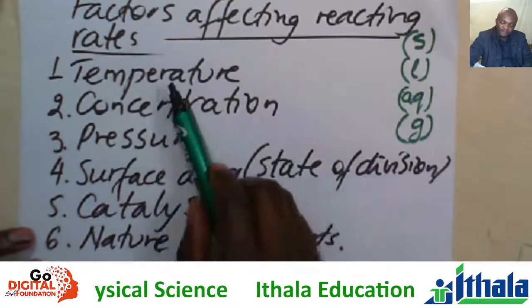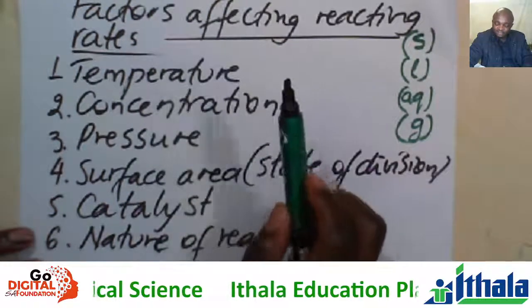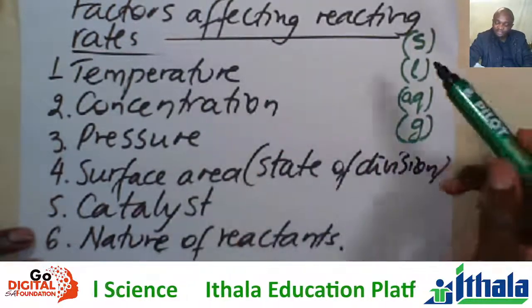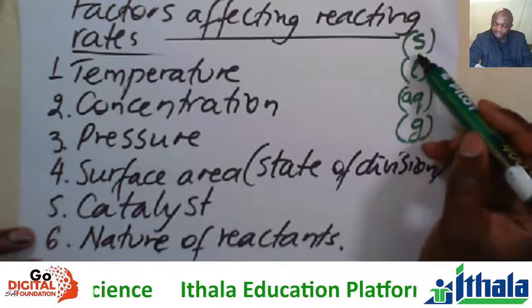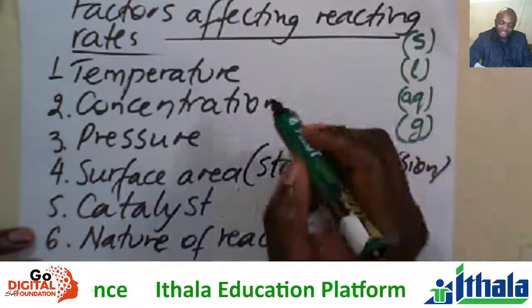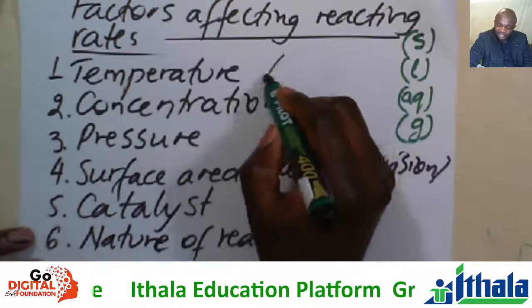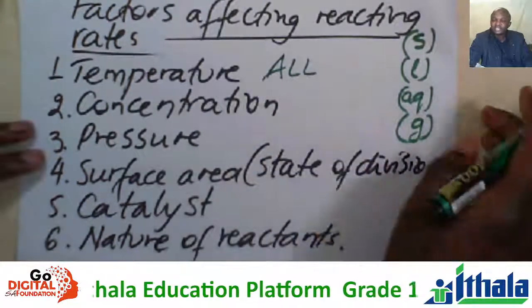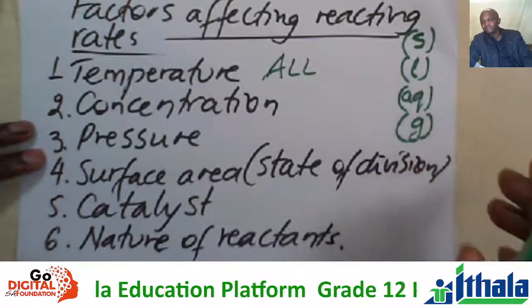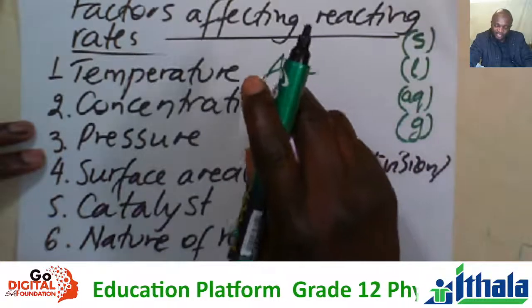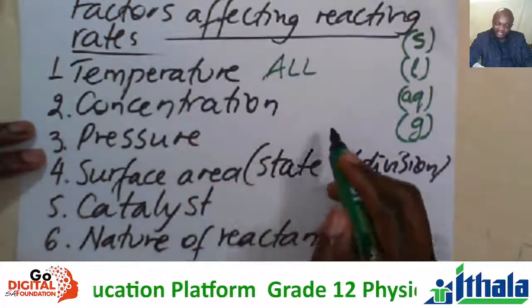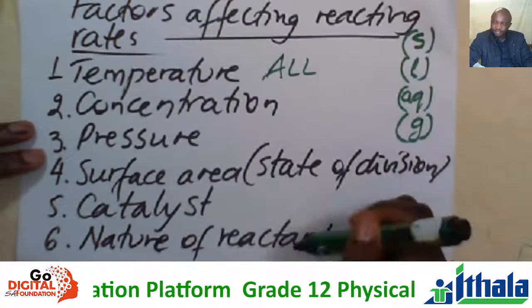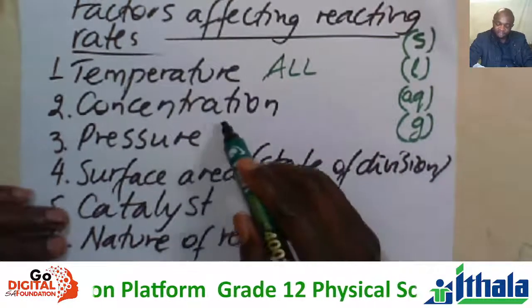Right, so i-temperature can affect i-rate of reaction. So uma ukuthi ama-reactant angaba ama-solid, a-liquid, aqueous noma i-gas, kusho ukuthi i-temperature yona isebenza kephi to all of them, whether it's a solid, noma liquid, noma aqueous, noma gas. So temperature will affect ama-reactant in whatever phase akuwona.